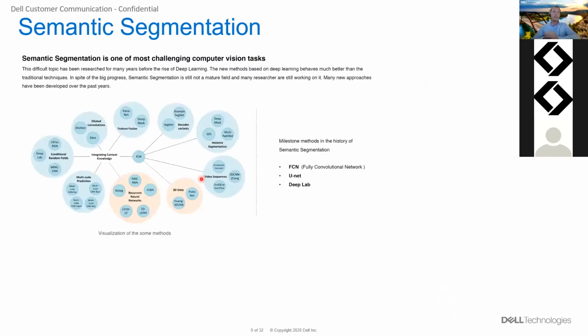So semantic segmentation, as I've already pointed out, is one of the most challenging computer vision tasks out there, because we have to assign a value to each pixel in that image. If we are dealing with 2K or 4K images, we have to classify hundreds of thousands of pixels out of one image. And this is quite complex and quite challenging.